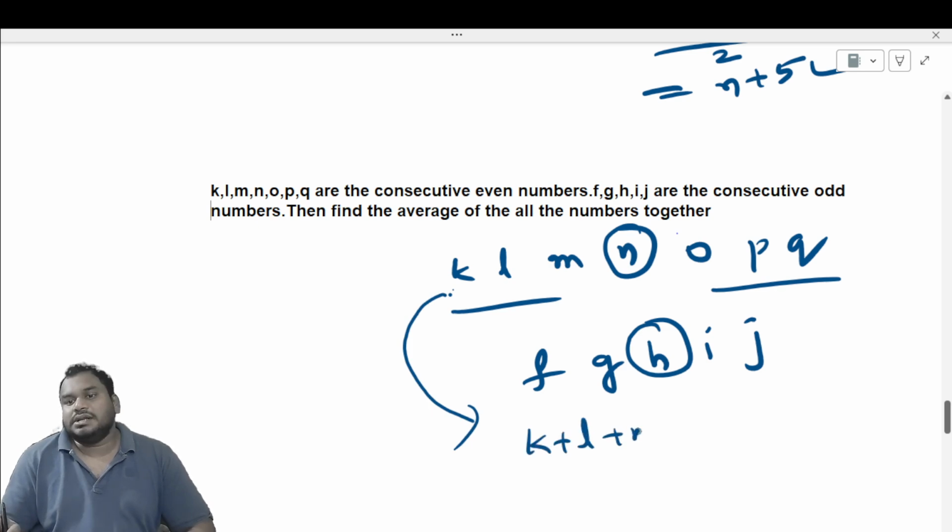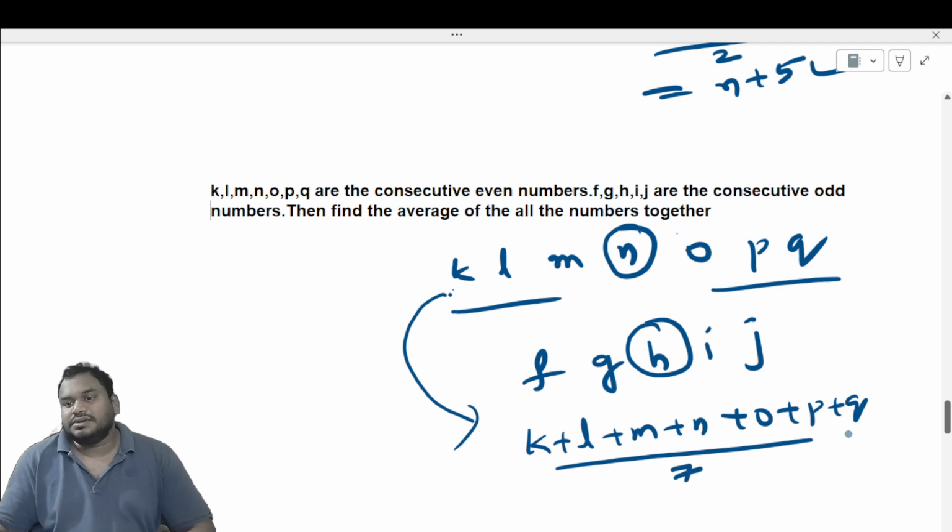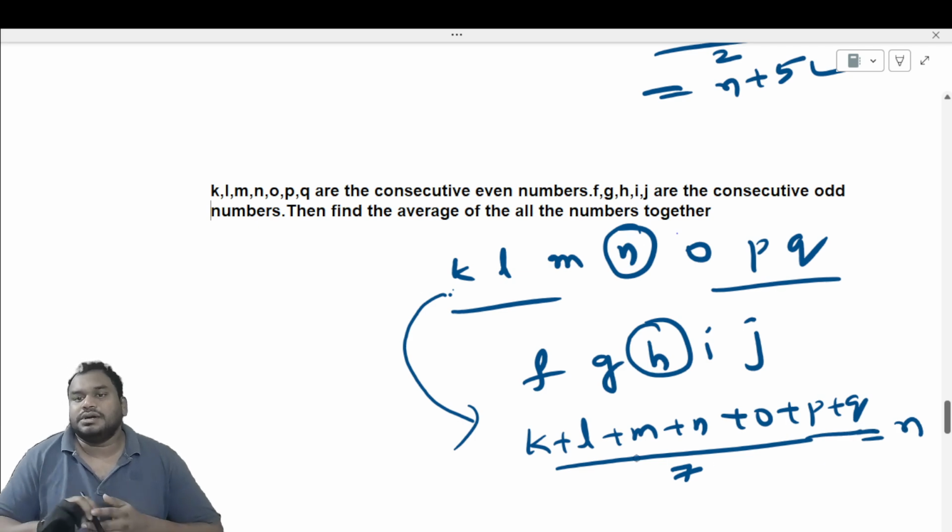K plus L plus M plus N plus O plus P plus Q divided by 7 will become equal to N only.